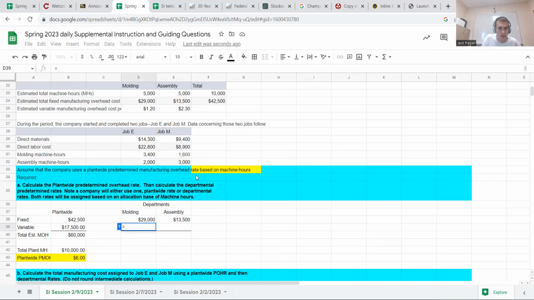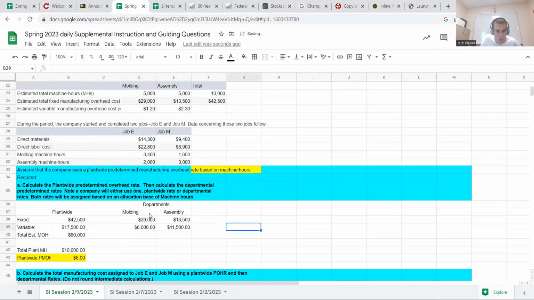So I'll hit equals. I'll take the $1.20, multiply by the 5,000 and I'll hit enter. 6,000. Great. Then I'll take the $2.30 times the 5,000 and hit enter. Okay. And all of these are in dollars.